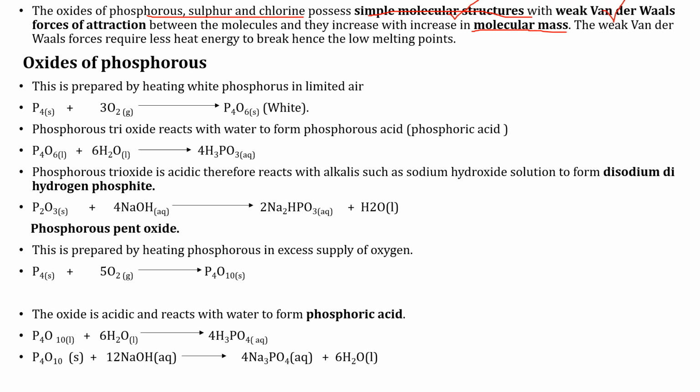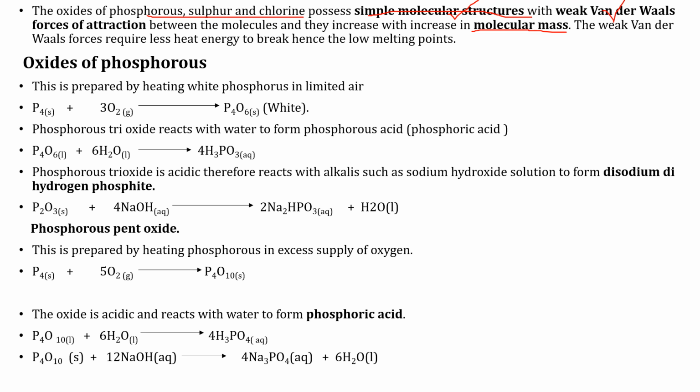So the oxide with a larger molecular mass, or molecular size, is going to have stronger Van der Waals forces of attraction, and we expect it to have the highest melting point. However, the compound with the lowest molecular mass is going to have the weakest Van der Waals forces of attraction.